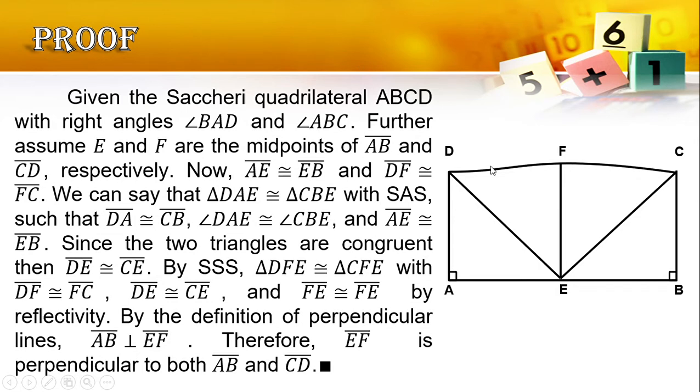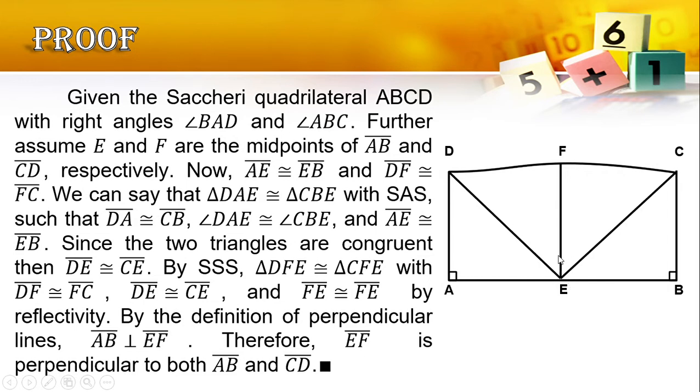Now we can say that triangle DAE is congruent to triangle CBE with the SAS postulate, such that line DA is congruent to line CB, angle DAE is congruent to angle CBE, which are right angles, and by the definition of right angles, all right angles are congruent, and line AE is congruent to line EB because of the definition of midpoint.